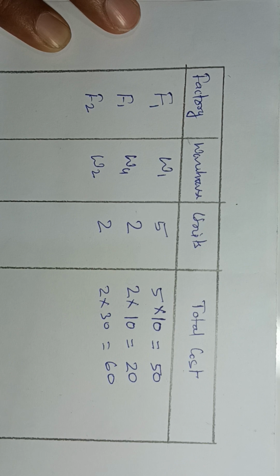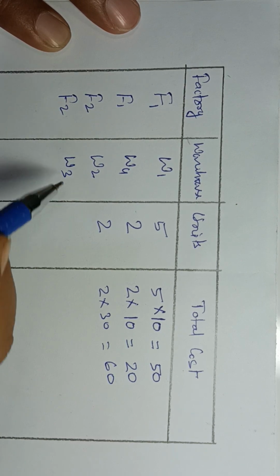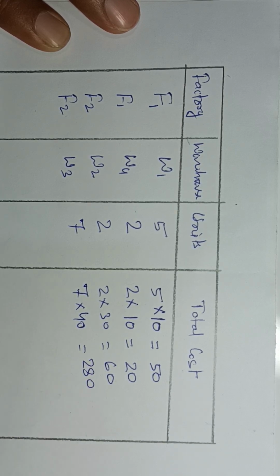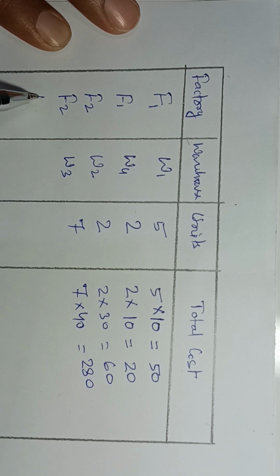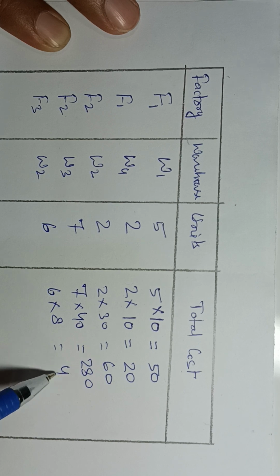Again F2 to W3, and units 7 into 40, 280. Again F3 to W2, and here units is 6 units, 6 into 8, 48.